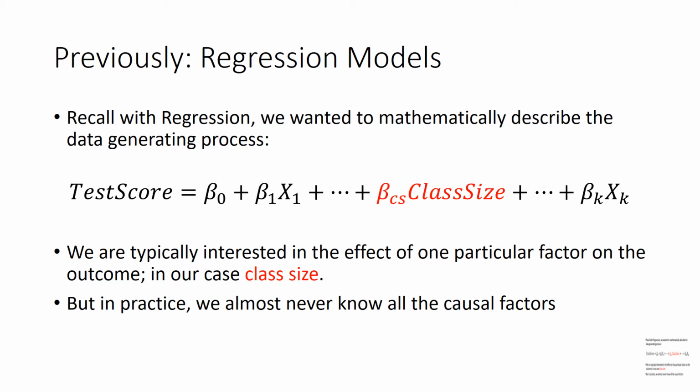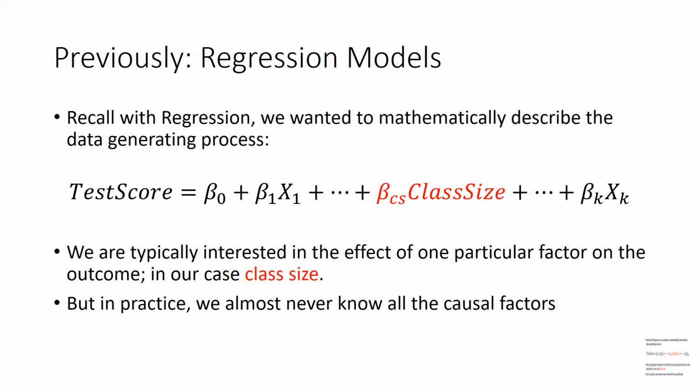And remember, you can ignore that math up there. That's not what's important. The important thing is the concept that what we were trying to do with regression is identify and isolate the impact of one variable. But in order to do that, we needed to describe the data generating process, which is easy to do in the abstract. We say class size influences test score, so does a bunch of other stuff. But in practice, it's very hard to identify and isolate all these factors that influence test score.